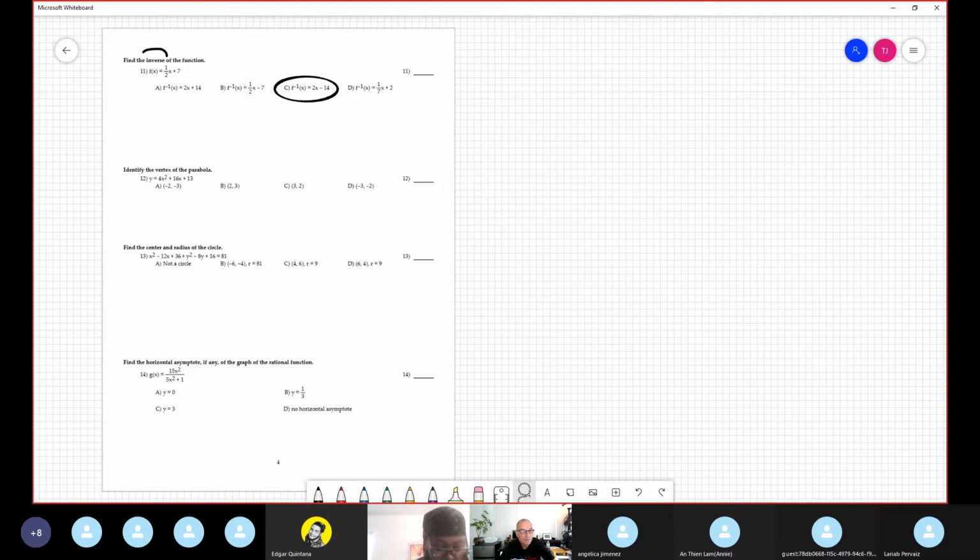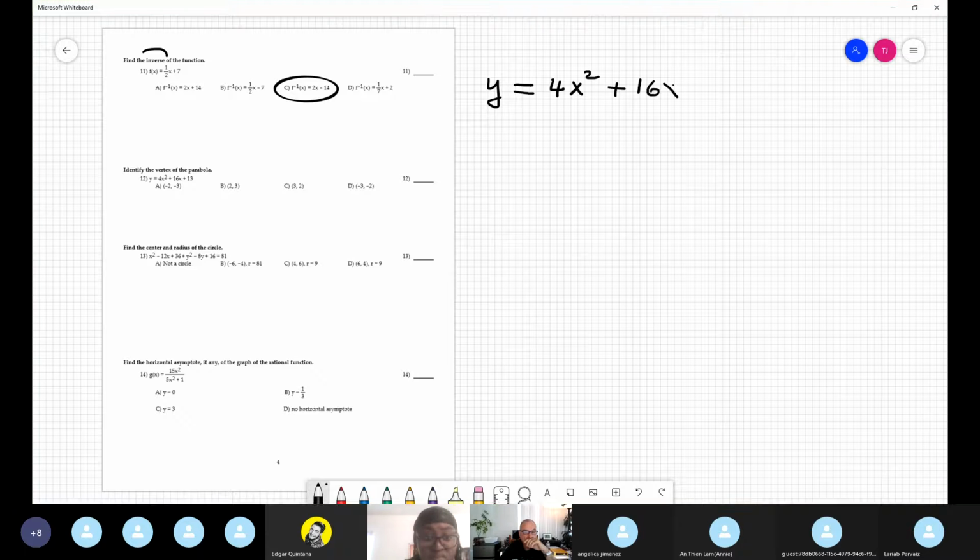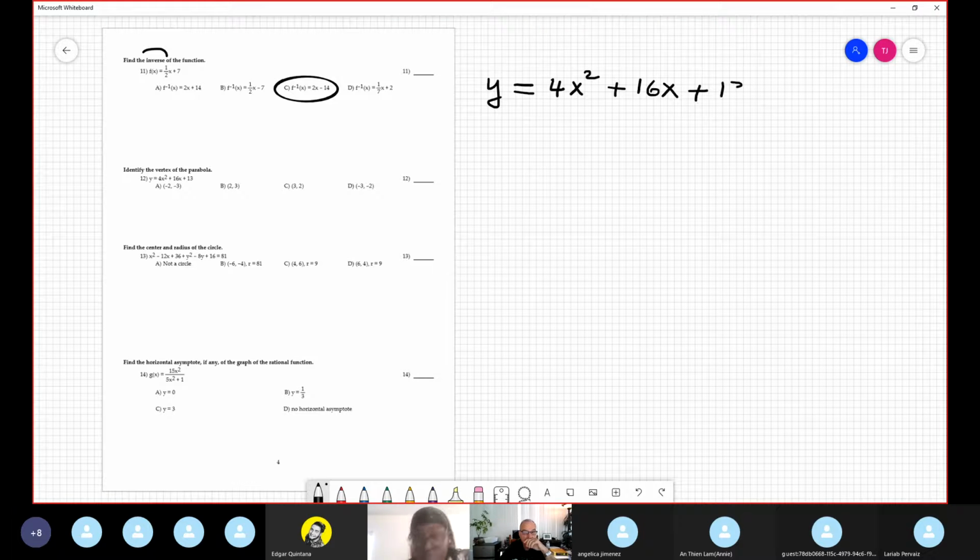Now, number 12. Number 12 is a parabola. The parabola is y equals 4x squared plus 16x plus 13. What's the goal? The goal is to find the vertex.